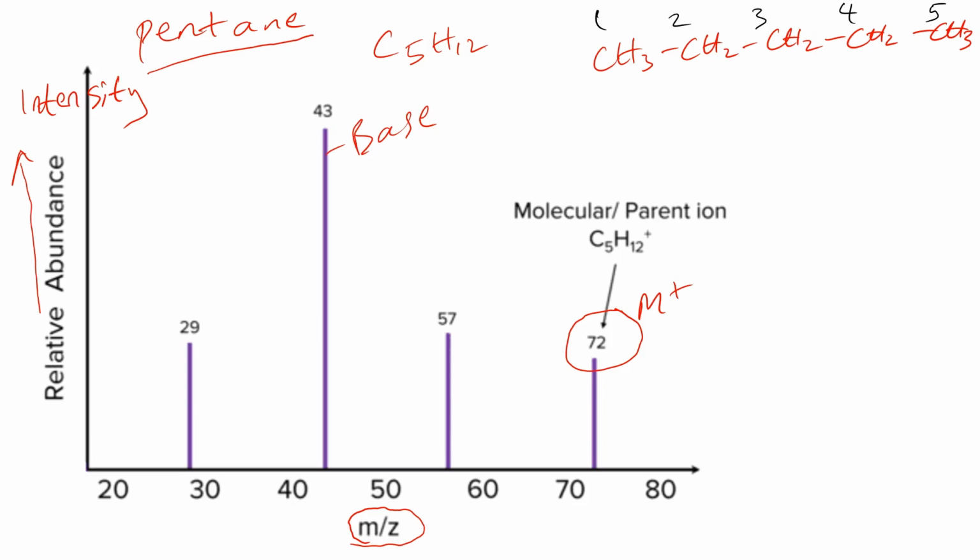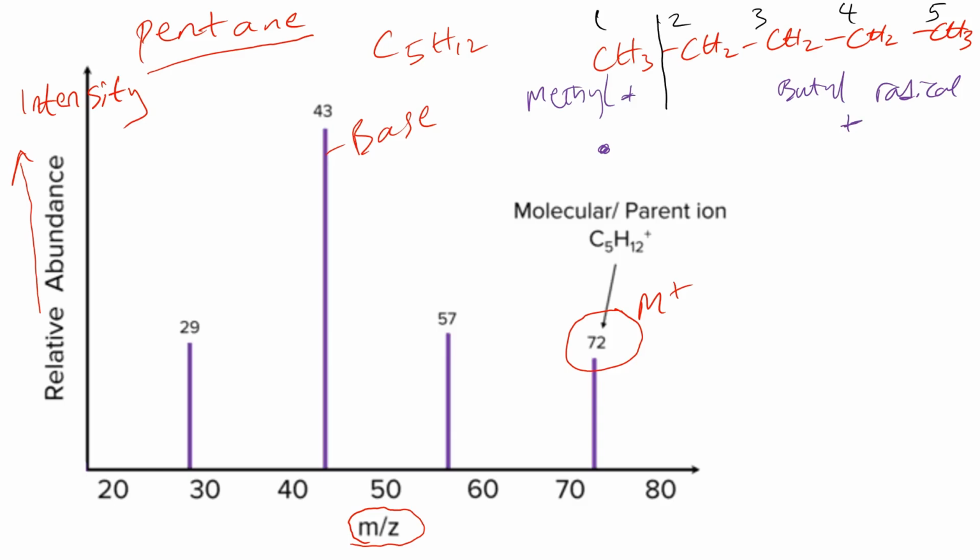Now, when the bond between carbon 1 and 2 is broken, it's possible you're going to have a methyl cation and a butyl radical. Now, also we can have a methyl radical and a butyl cation.